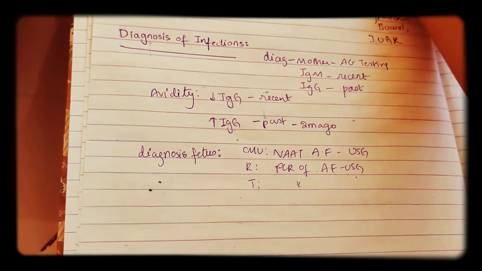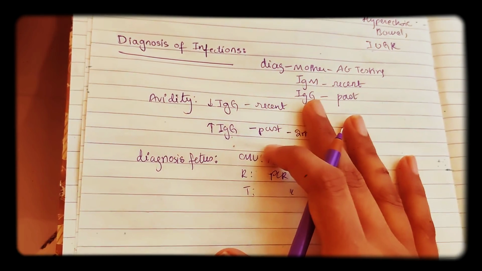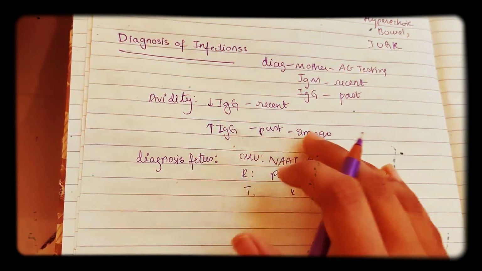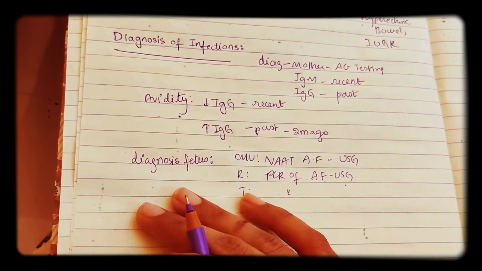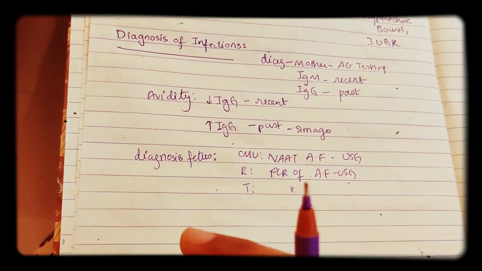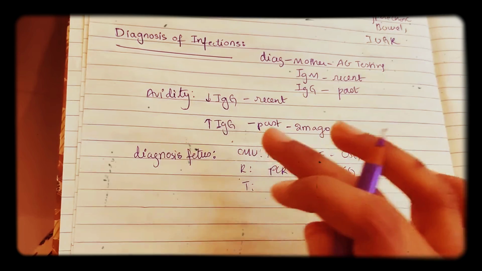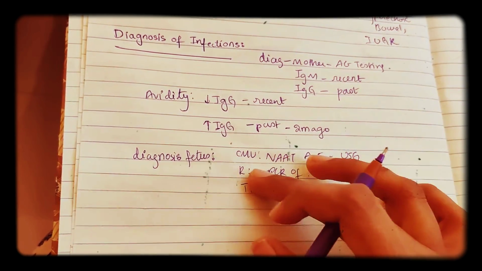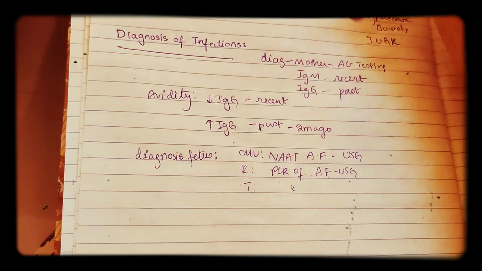Okay, so this is how you diagnose in the fetus. In the mother you will check IgM and IgG. If IgG is low, recent. If IgG is high, past, that is the infection occurred at least 2 months ago. For fetal diagnosis, you will use NAT of amniotic fluid for CMV, that is cytomegalovirus. In the case of rubella and toxoplasma, we do PCR of amniotic fluid followed by USG.